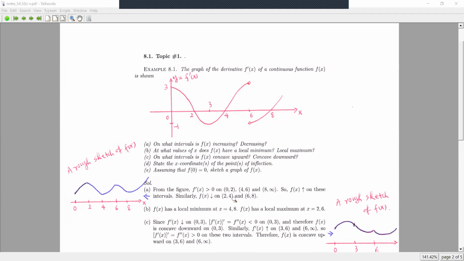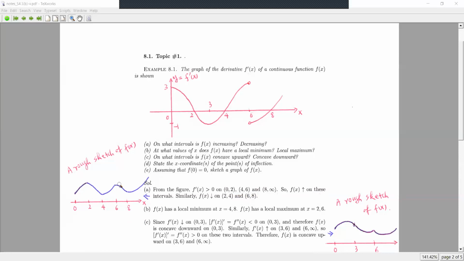From A, function f is increasing on these three intervals and decreasing on these two intervals. So from 0 to 2, I draw an increasing curve. 2 to 4, decreasing curve, and then increasing, decreasing, and then increasing.